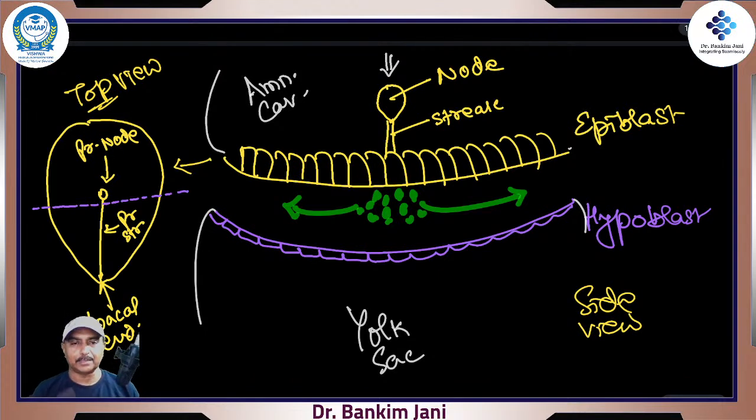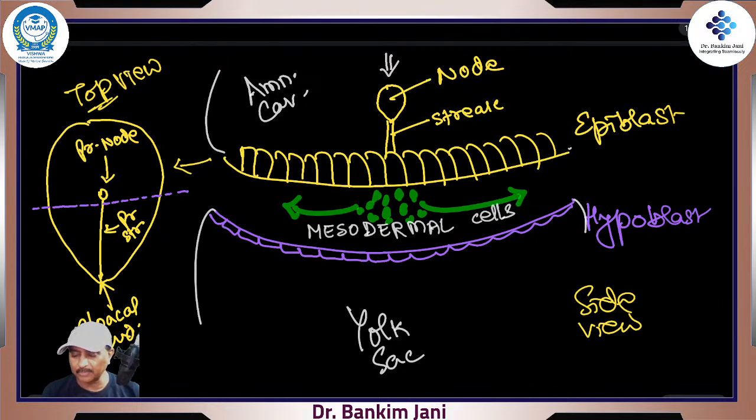These are what are called the mesodermal cells. We'll go into more detail of that because these are the cells in which we are very much interested, because they have started forming what's called the three-layer disc. So these are mesodermal cells.